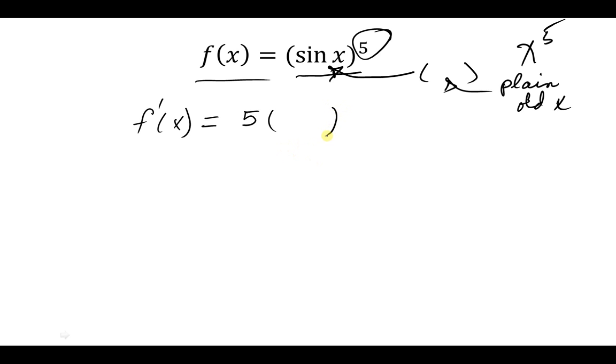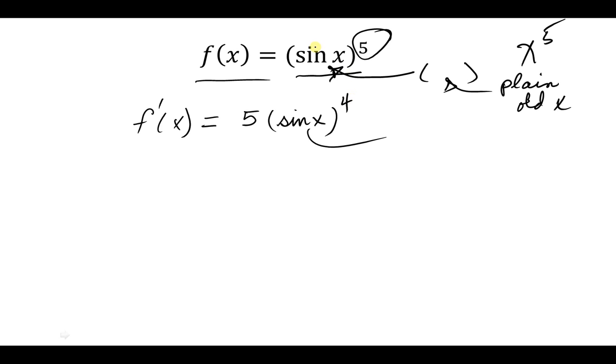And we would generally put in here x, but since it's not plain old x, we're just going to put sine of x, and we're going to take power minus 1. So we work part of the problem. The answer is going to be comprised of 5 times sine of x to the fourth power.